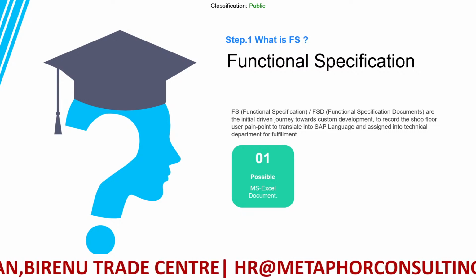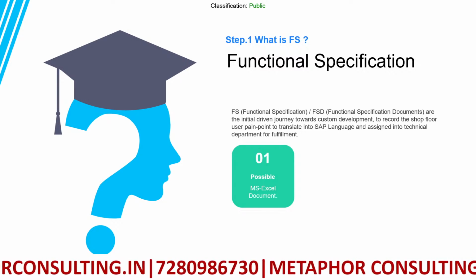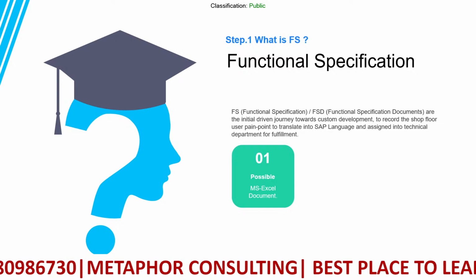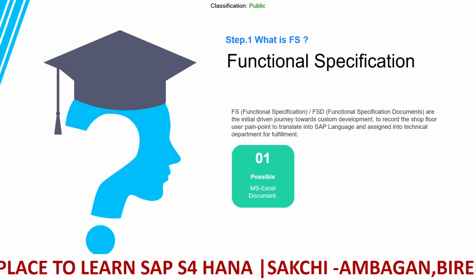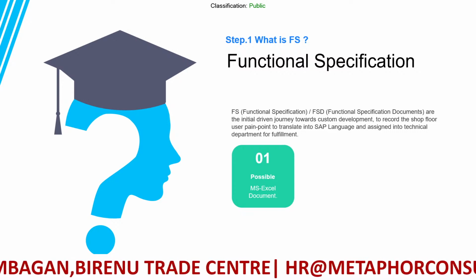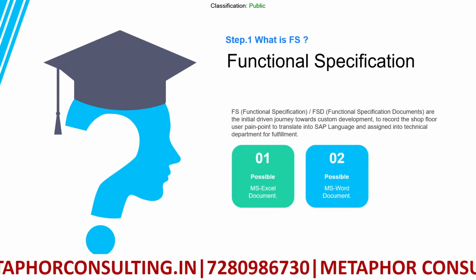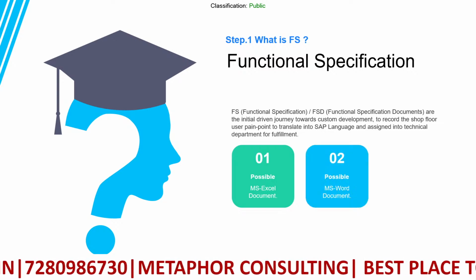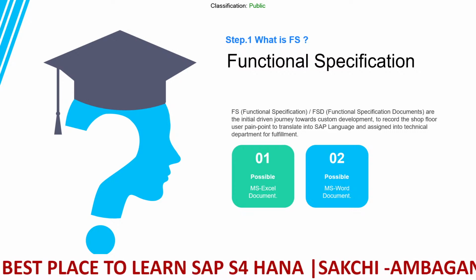The first way forward is the Excel document. It is an old methodology for writing the functional specification. Nowadays, nobody uses the Excel document. The second process, which is generally followed nowadays, is the Word document, through which the functional specification is created.